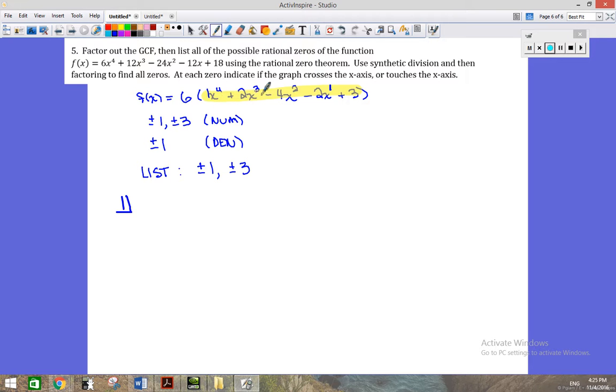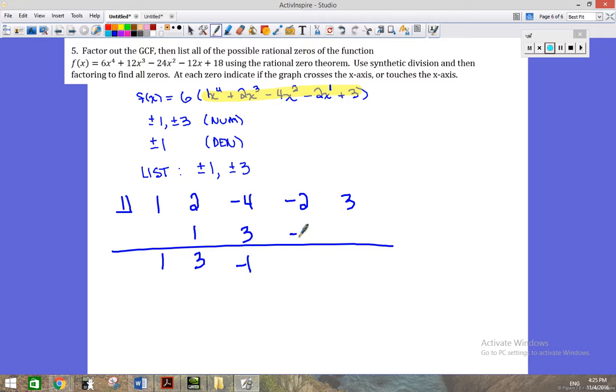Well, this is 4, 3, 2, 1, and a constant, so I don't have to put a 0 in there. Let's see what this remainder is. I'm in search of remainders of 0. We found one right off the bat, so that's kind of nice.